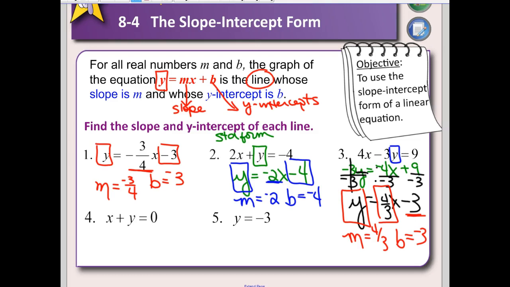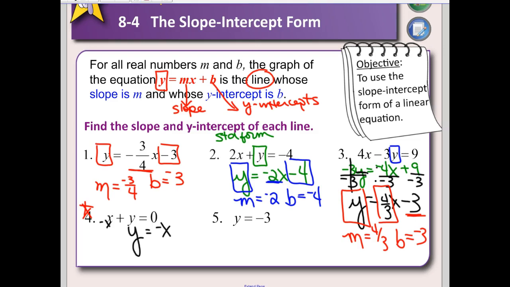Now, let's look at number 4. Number 4 is one of my exceptions to the rule for standard form. When we've got it in standard form, x and y together on one side, and it equals 0, you have to rearrange the furniture. You've got to put this into slope-intercept form. So I'm going to subtract x to the other side.